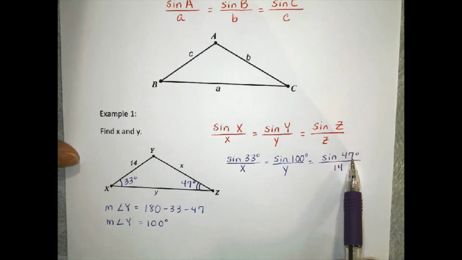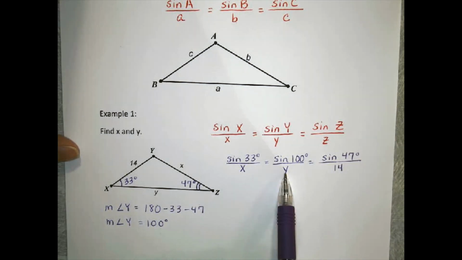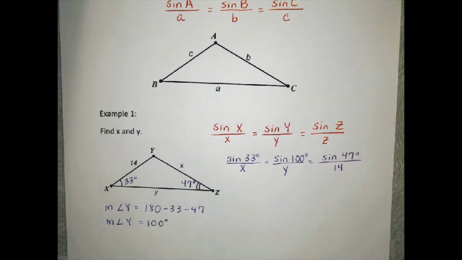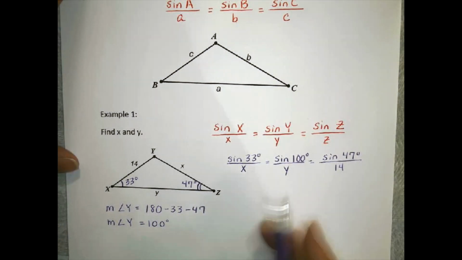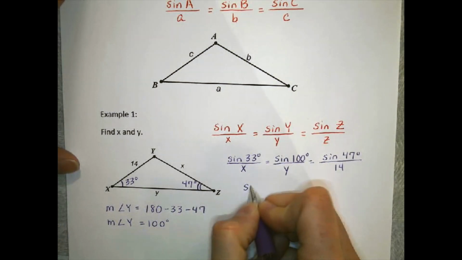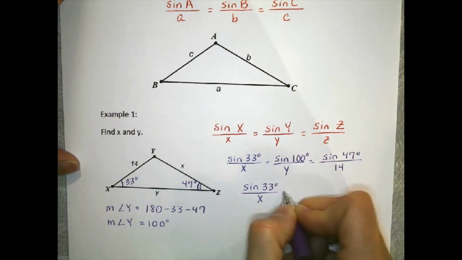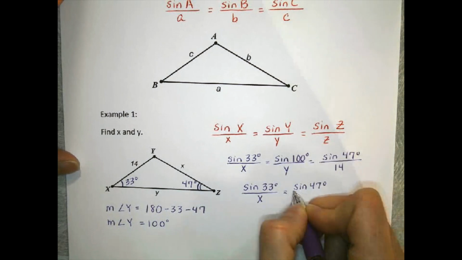I don't yet know sides x and y, but I do know that side z is 14. And I can use this complete ratio in order to find x or y. In order to find x, I'm going to set up just a piece of it: sine 33 degrees divided by x will equal the sine of 47 degrees divided by 14.